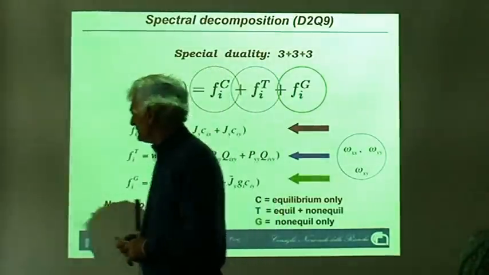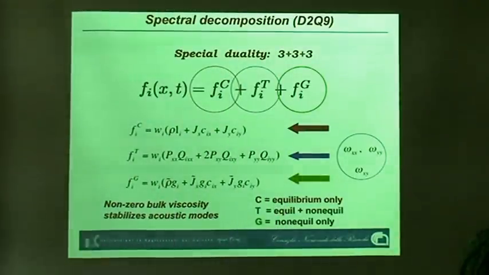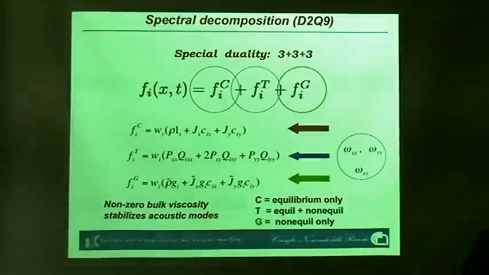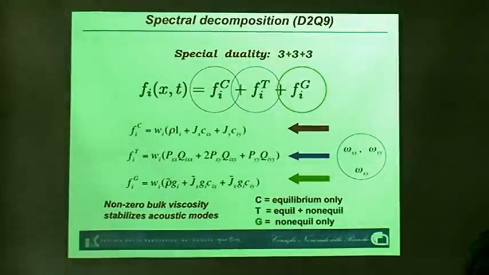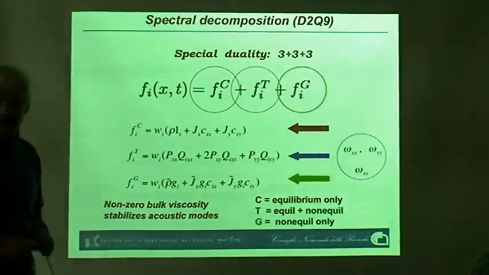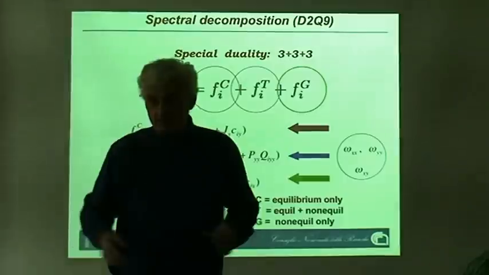Rho, Jx, Jy, that makes 3. Then we have Pxx, Pxy. Ah, no, but this is 2 dimensions, sorry. It's symmetric, so we have 3. So we have 6 hydro fields, 9 kinetic, and how many ghosts?